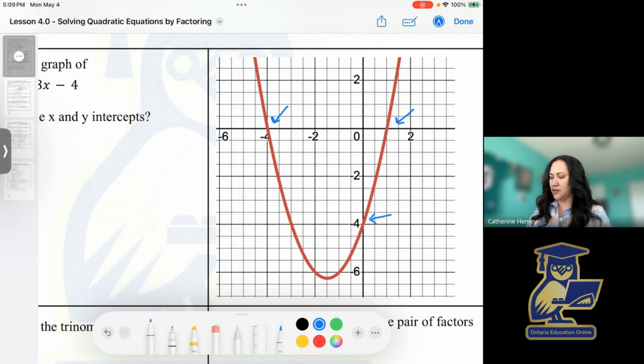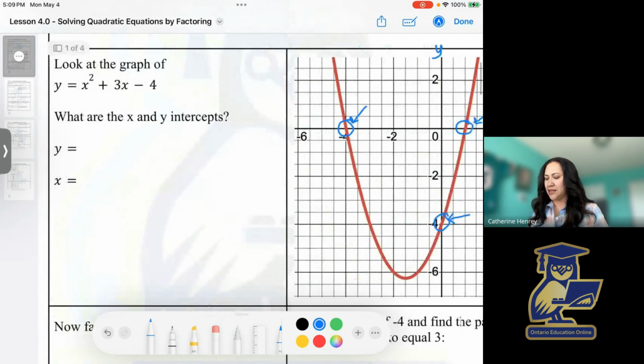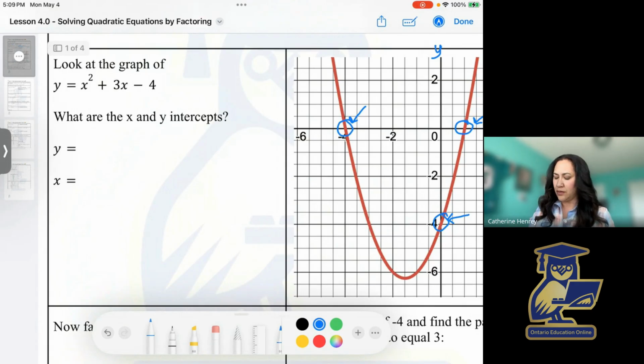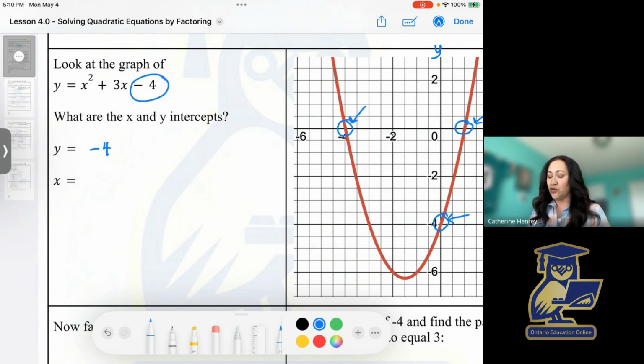So our x-axis is here and our y-axis is there. So let's circle them just to highlight them. So what are the x and the y-intercepts? Well, in the y-intercept, it's -4. And that coincides to a polynomial, a quadratic in standard form. The constant term is your y-intercept. So that's why these two match.